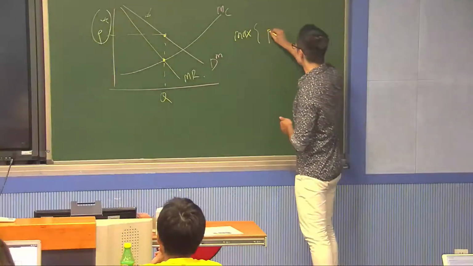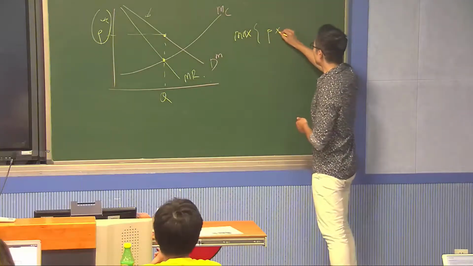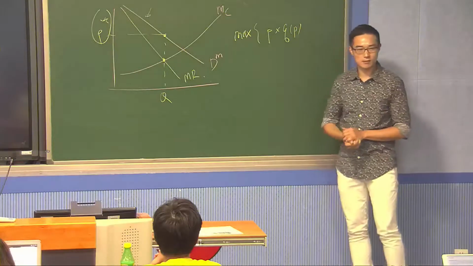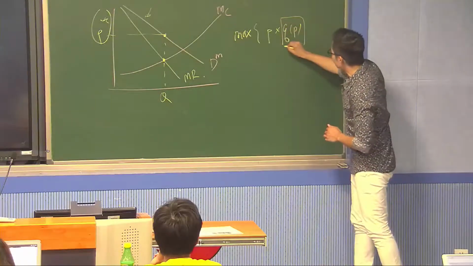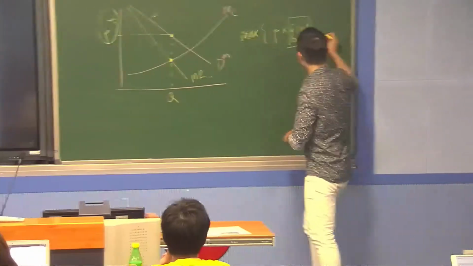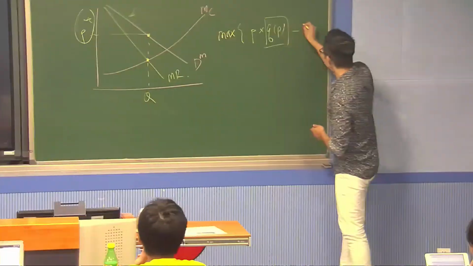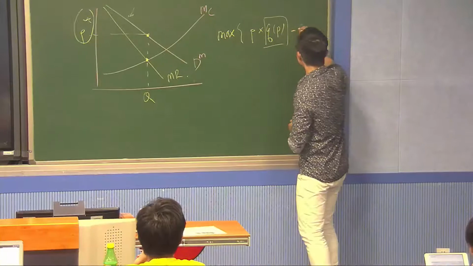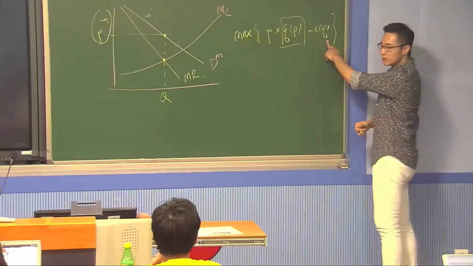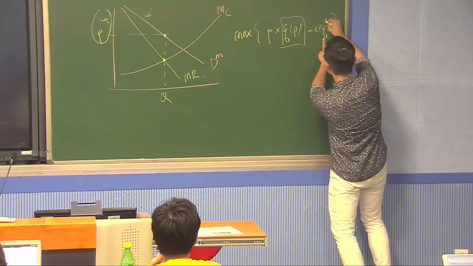The profit is the price times the quantity, but the quantity is a function of the price. Basically, this is the demand curve that the company faces, right? And then minus the cost of producing a certain quantity. Okay? Again, the quantity is a function of price.